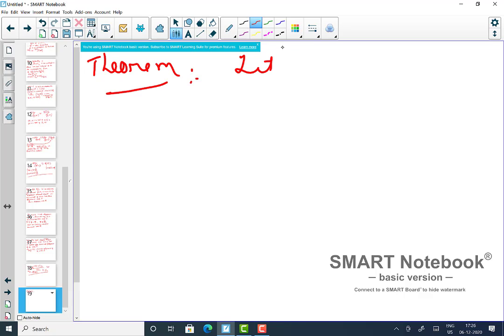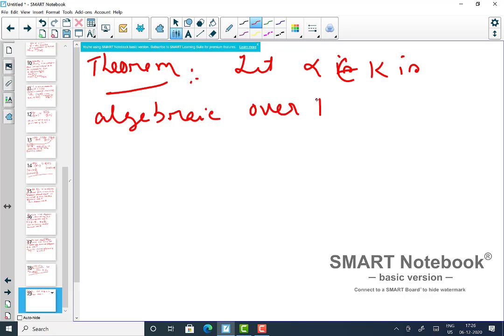Let alpha belong to K, where K is an extension field of F, and let alpha be algebraic over F. Then this m_{alpha,F}(x) always exists. The minimal polynomial always exists.